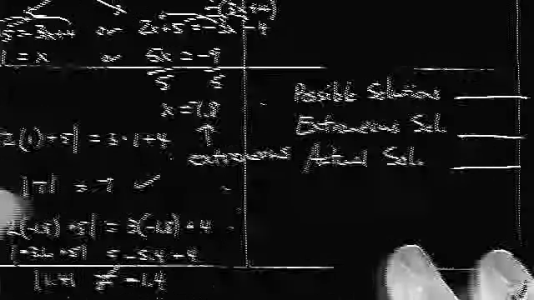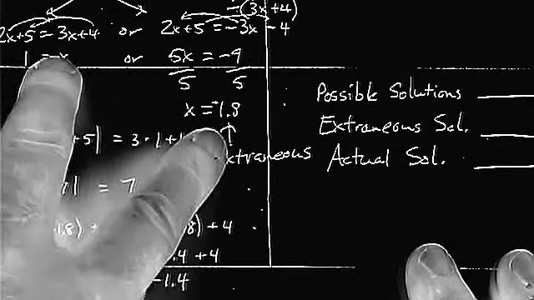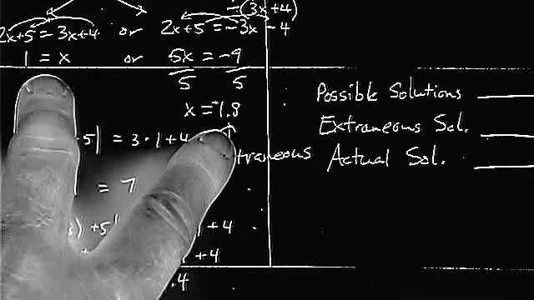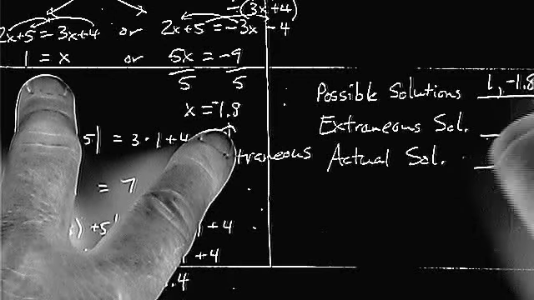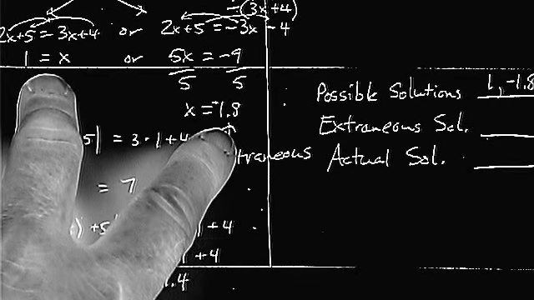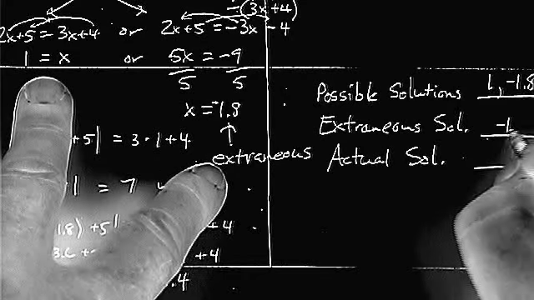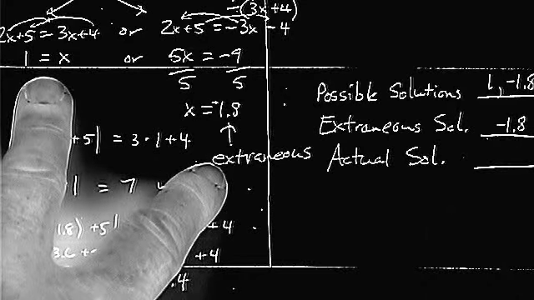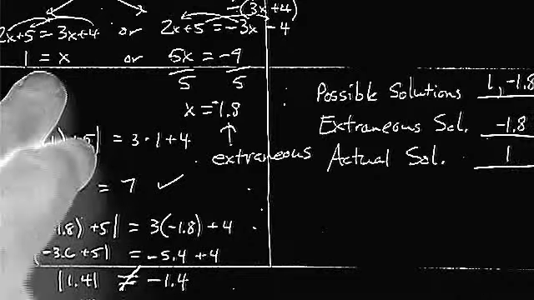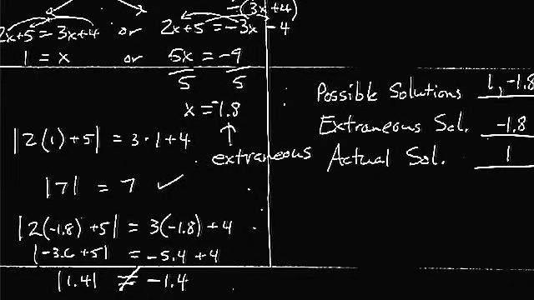Now in this particular example, we found out that 1 and negative 1.8 were the possible solutions. When we did the math, we found out that negative 1.8 was an extraneous solution. So we found out that 1 was the only actual solution.